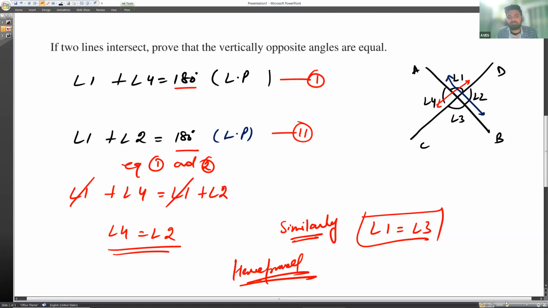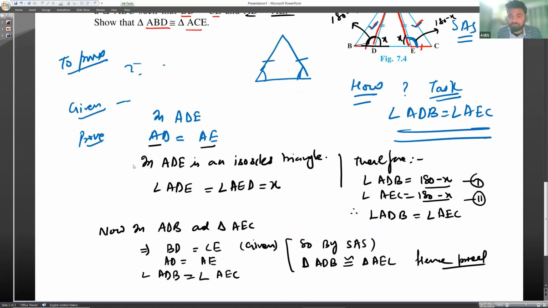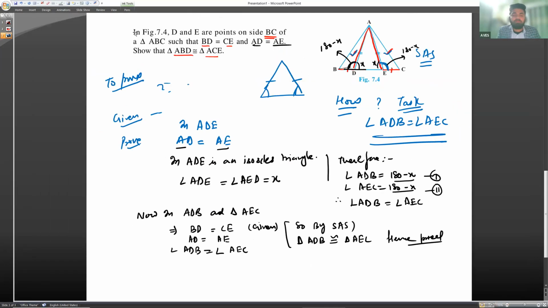So please copy this one. Copy this one, please. Properly copy this one.